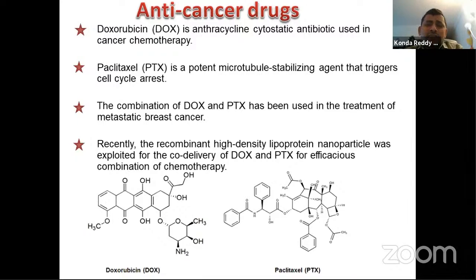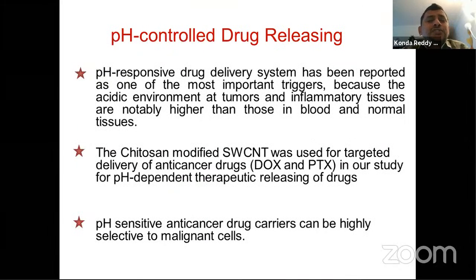Recently, I saw one study that used high density lipoprotein nanoparticles for the co-delivery of DOX and PTX. There are other studies that have done co-delivery, but we have used a different approach, that is pH controlled drug releasing.